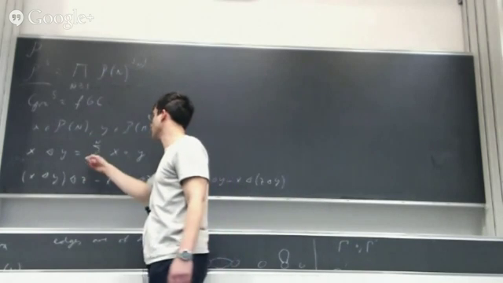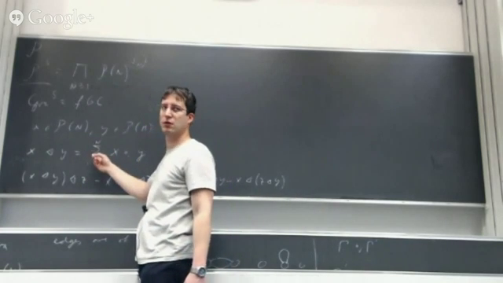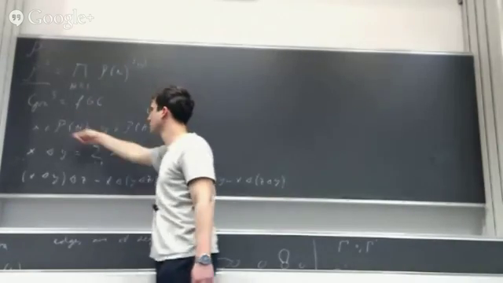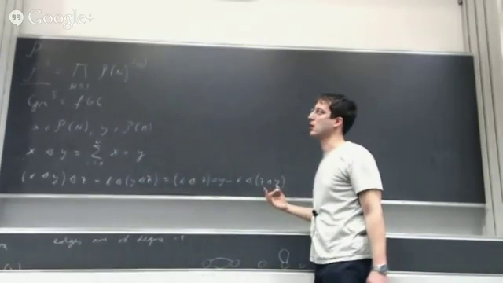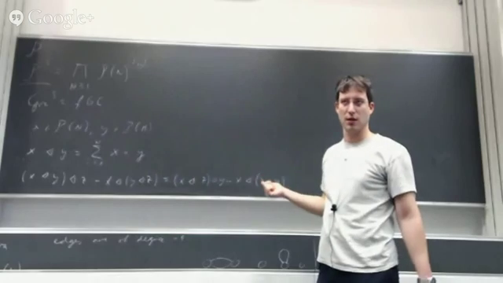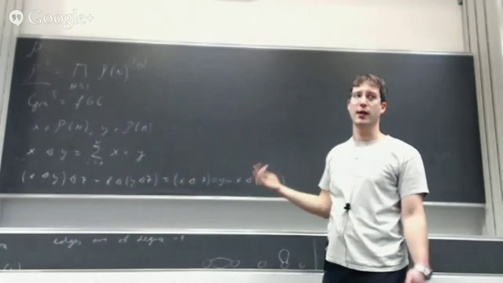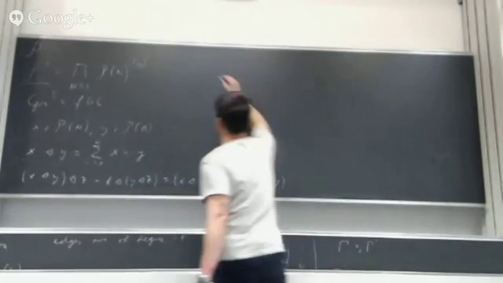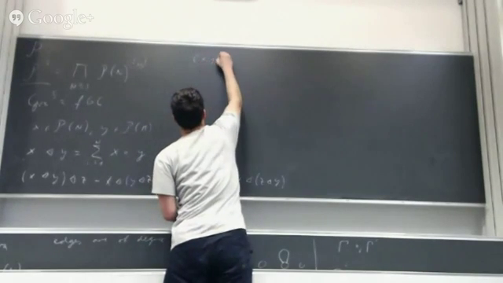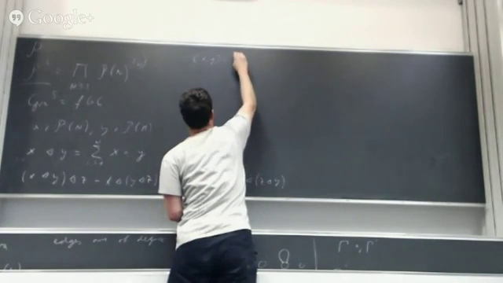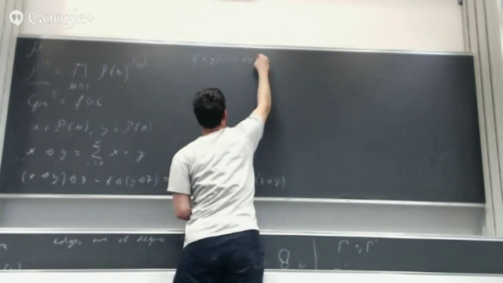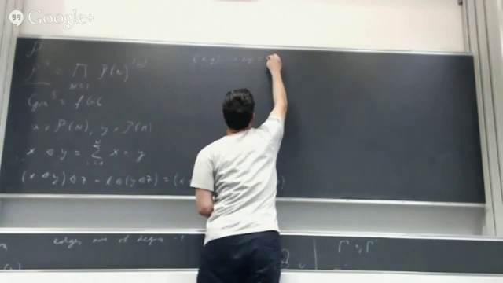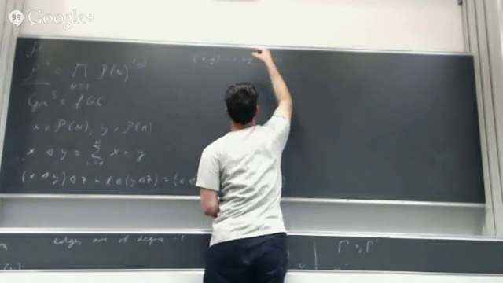Because I'm summing over all inputs, it's invariant. So I have a pre-Lie algebra structure on PS. And also I have a Lie algebra structure on PS, where the Lie bracket of x, y is just defined as x pre-Lie y plus or minus y pre-Lie x, depending on the degree.